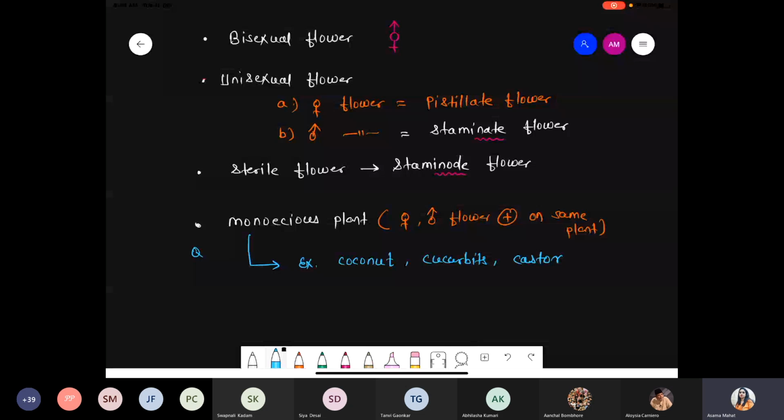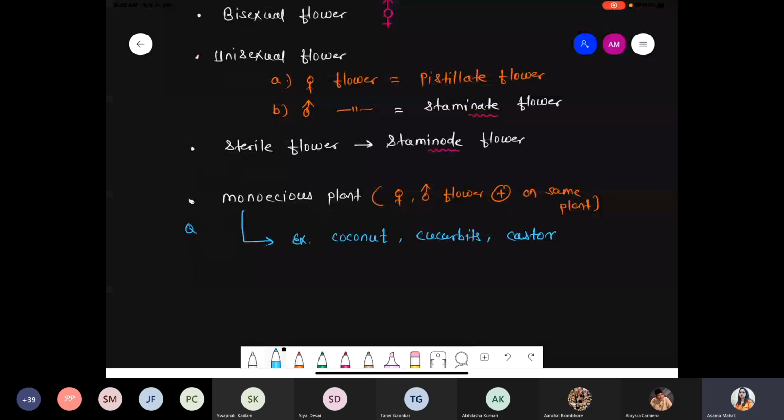What is the meaning of the monoecious plant? Monoecious means both flowers are present on the same plant. For example, the female flower may be on top and the male flower at the base, or male on one branch and female on the other branch. That's why we call it monoecious. Got it? Monoecious: both male and female flowers are present on the same plant.